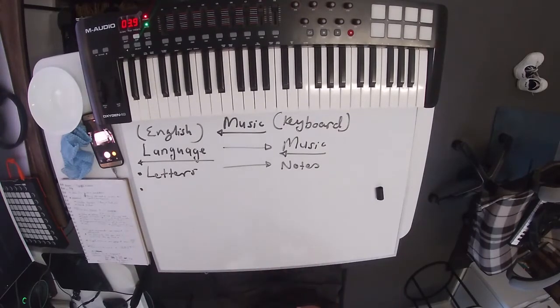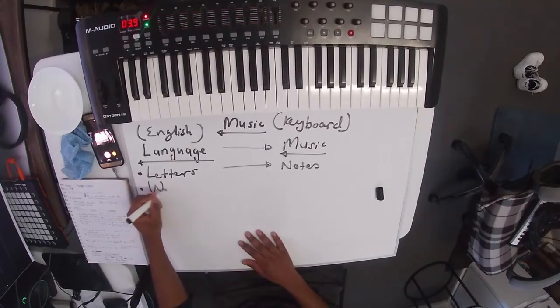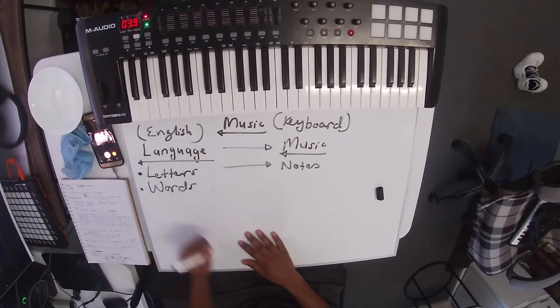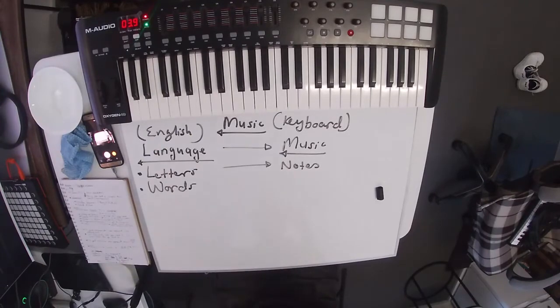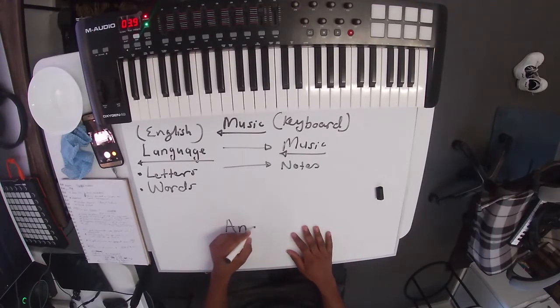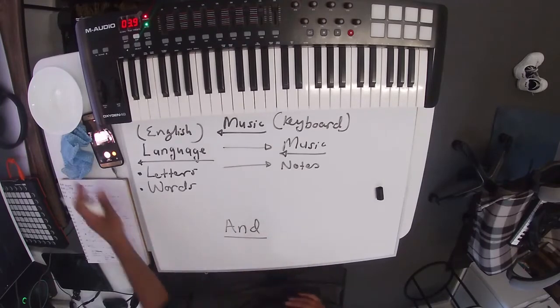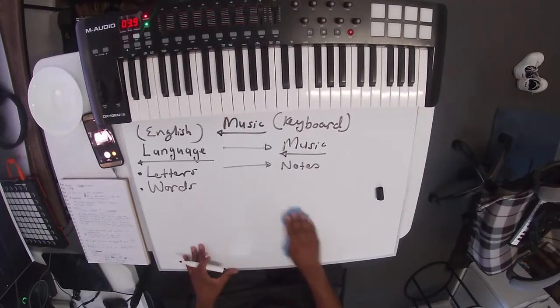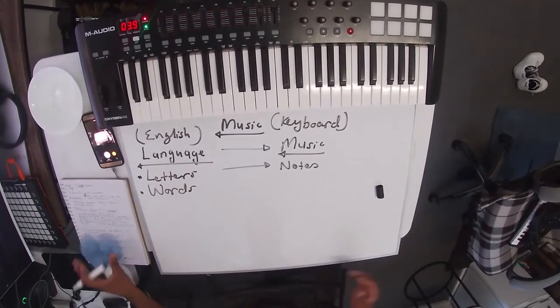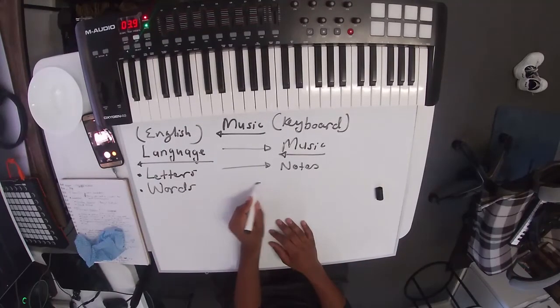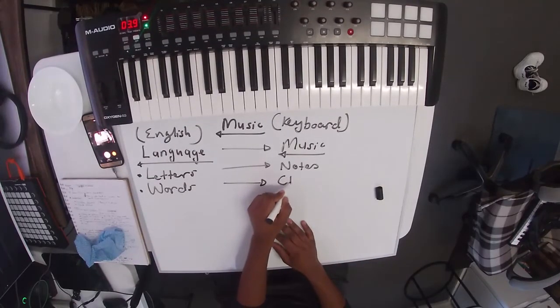And then you've got words. Words can be thought of as a combination of letters. You bring a couple of letters together, for instance A, N, D, then you've got the word "and". Whilst words can be thought of as a combination of letters, here we look at chords.